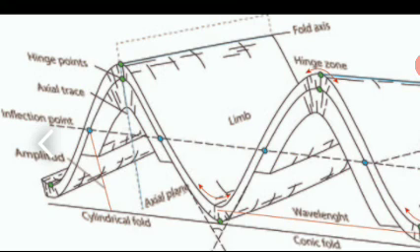It is parallel to the hinge. So these are the main parts of the fold: hinge, axial plane, hinge area, hinge point, limb, crest and trough.